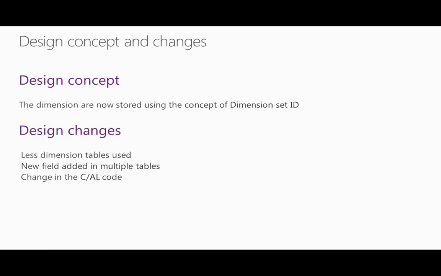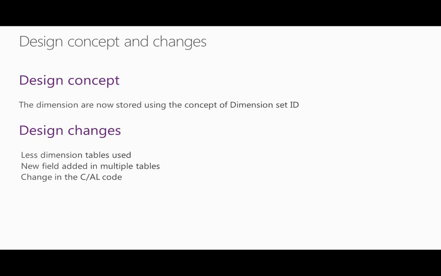With dimension setID, the system is able to retrieve and reuse the already stored dimension combination in the database. Every time a user uses a dimension combination already stored, the system is able to find the right dimension combination to use through the dimension setID.